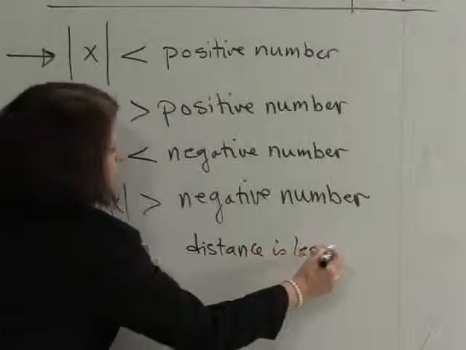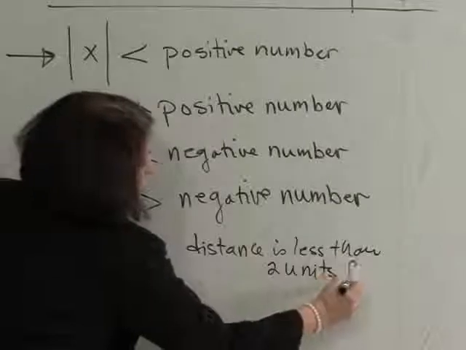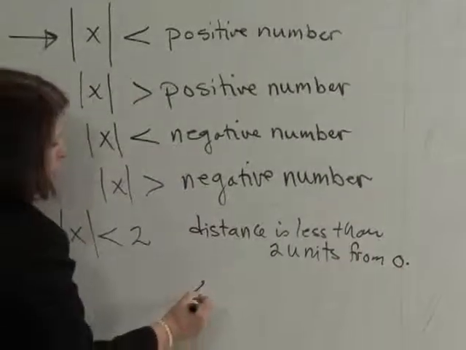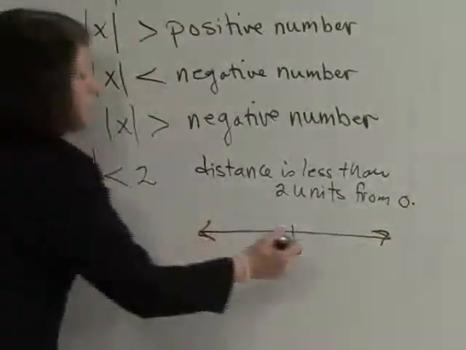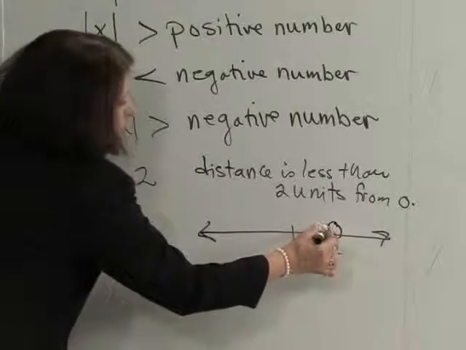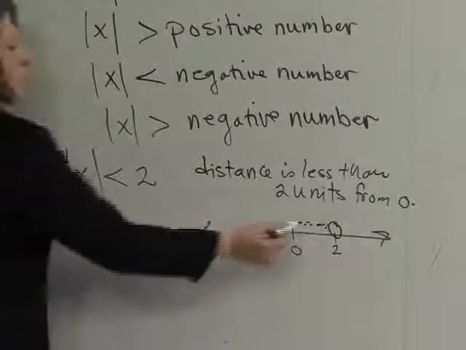So if we look at the graph, x is less than 2 units from 0, so we go to 2 here, and we're looking at any number in this area between 0 and 2, not including 2.